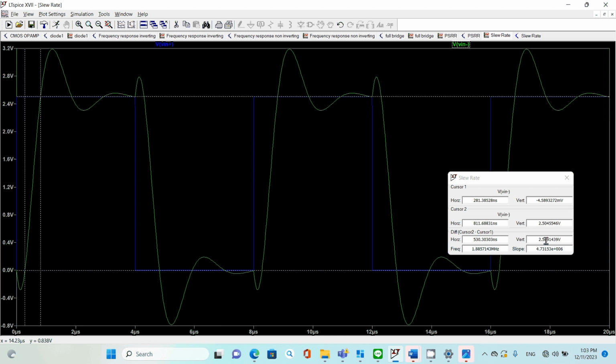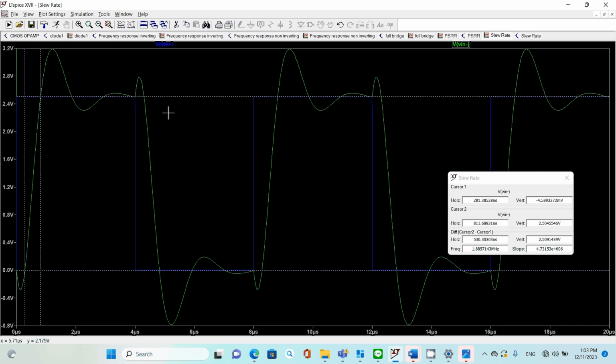Delta V equals 2.5 minus 0, and you can find the slew rate by delta V over delta T. So delta Y, that's vertical, becomes 2.5 divided by 530 nanoseconds.